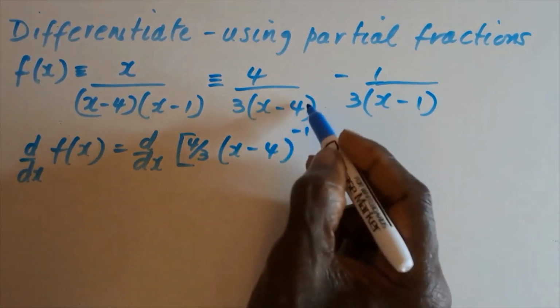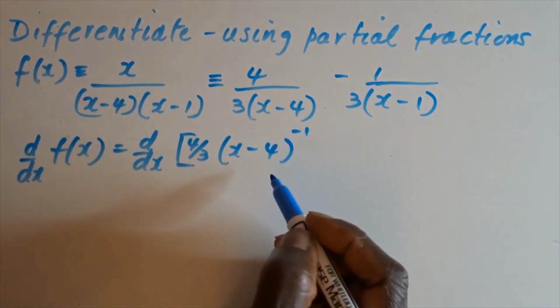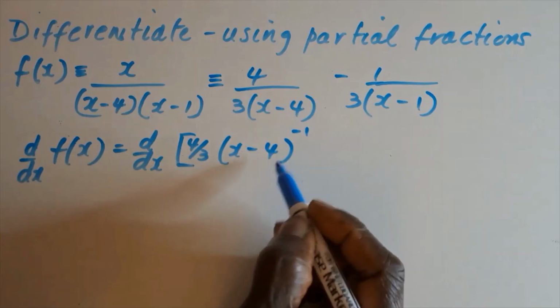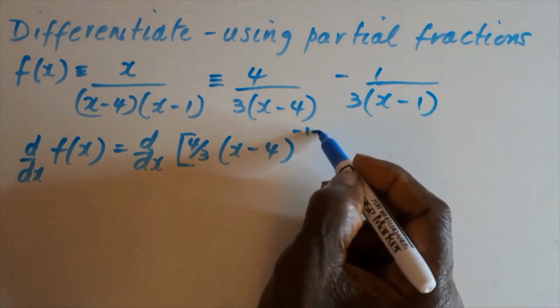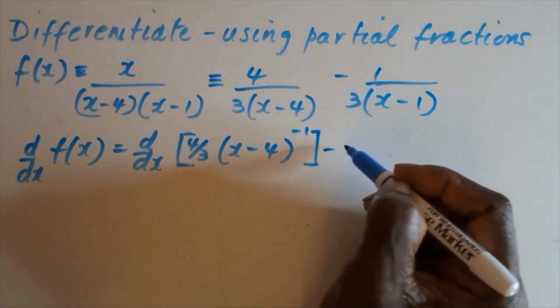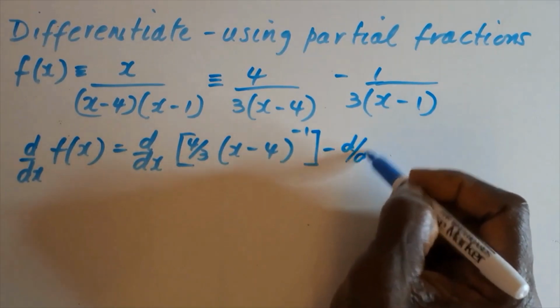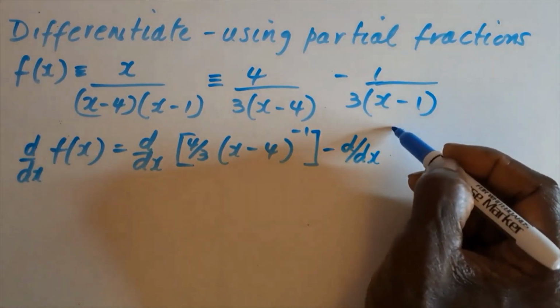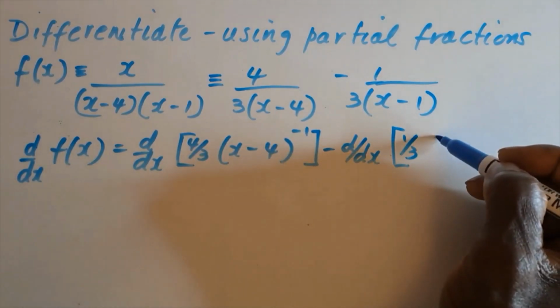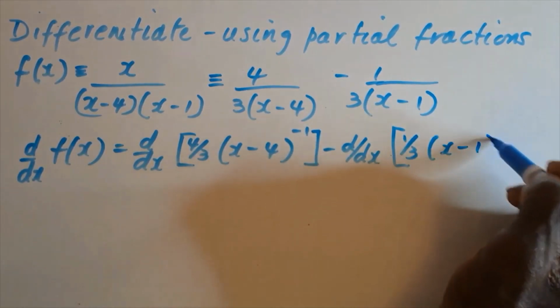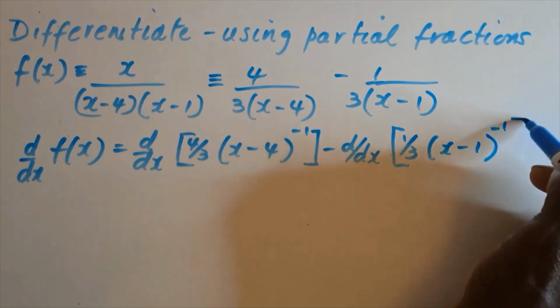So we've taken x minus 4 into the numerator. Now it has an index of negative 1, minus d dx of 1 over 3, x minus 1 to the minus 1.